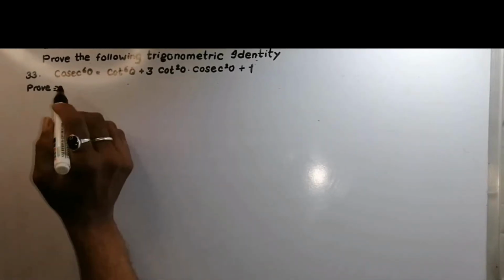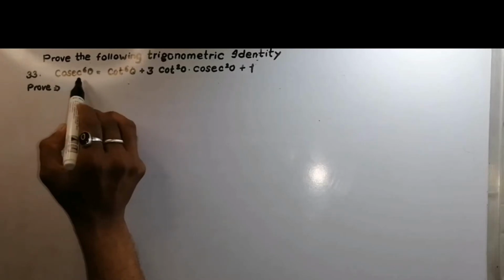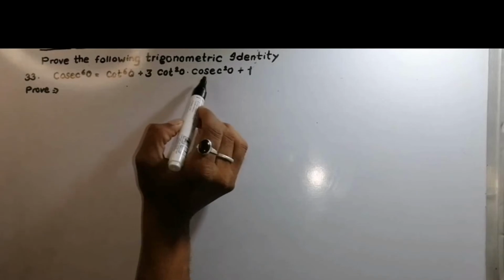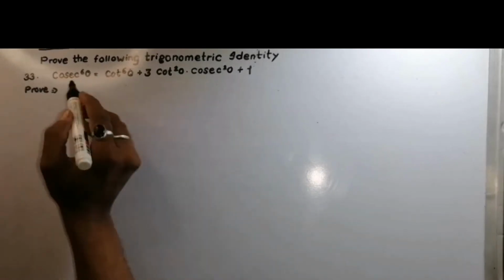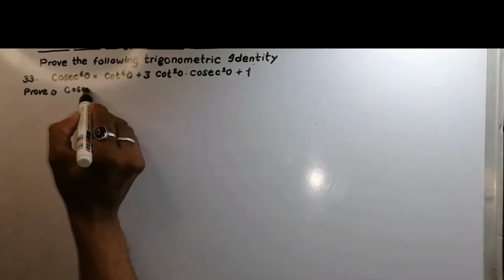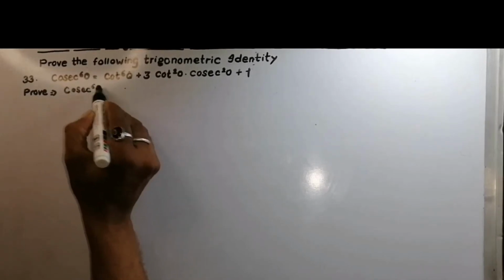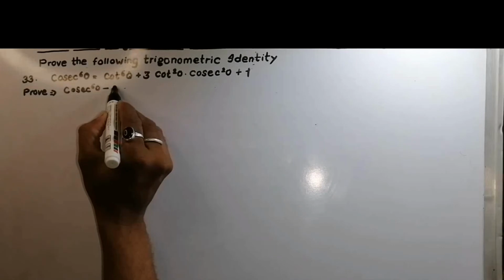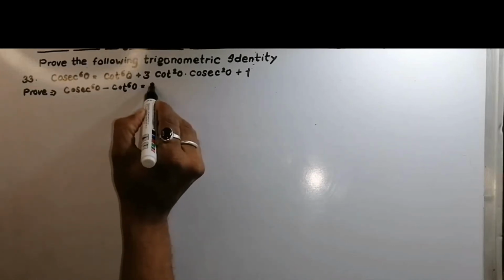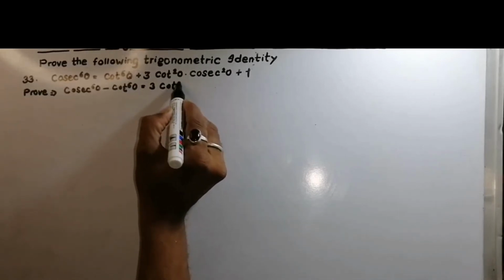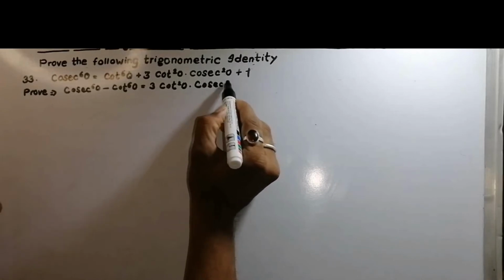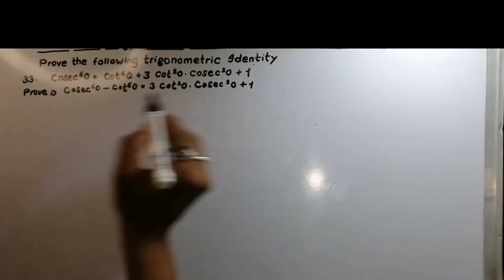Same as question number 22, it is asked cosec 6 theta is equal to cot 6 theta plus 3 cot square theta into cosec square theta plus 1. We should transfer cosec and cot 6 theta to the left hand side, so it becomes equal to 3 cot square theta into cosec square theta plus 1.